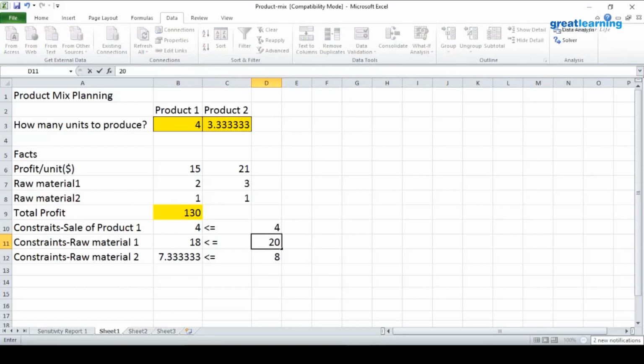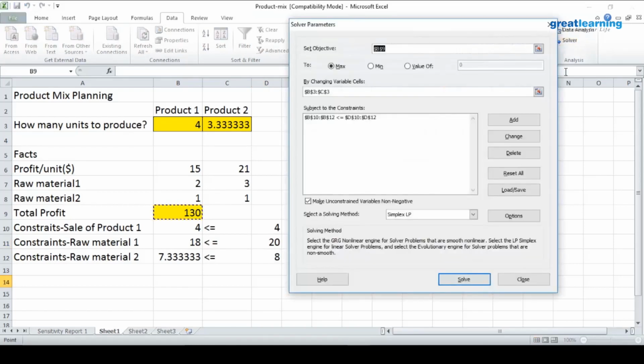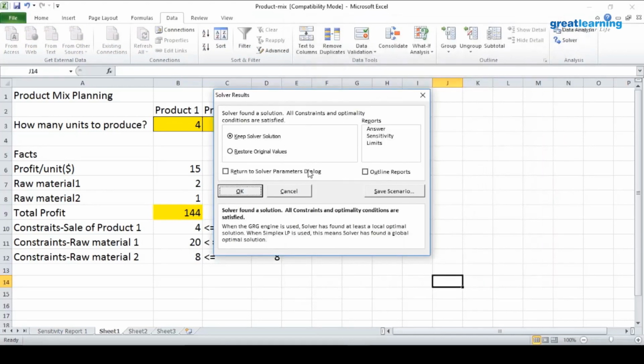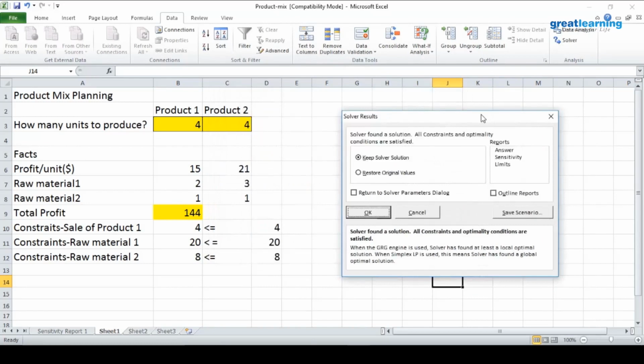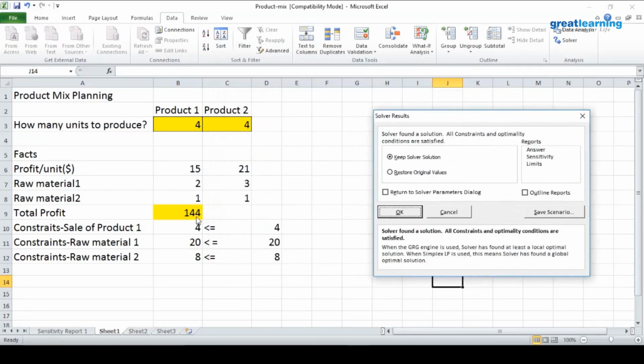What should I get as a profit? 144. 130 plus 7 for every 1 kg increase, 144. Let us run solver again whether I get that. Yes, you got, let me move this, 144 you got.